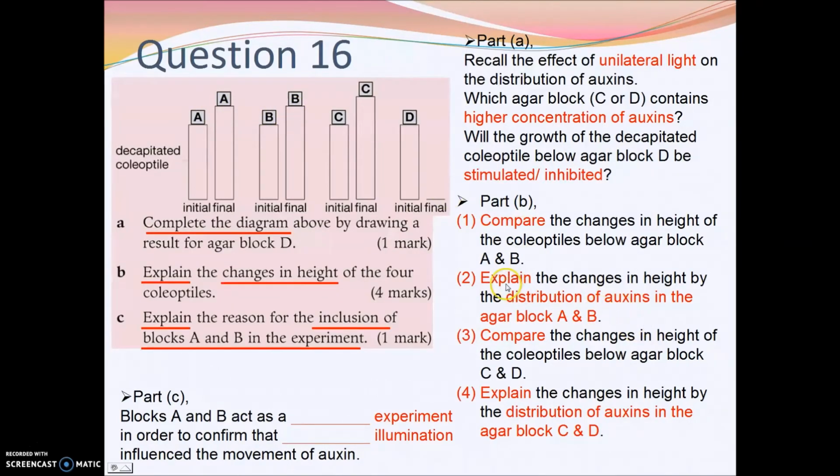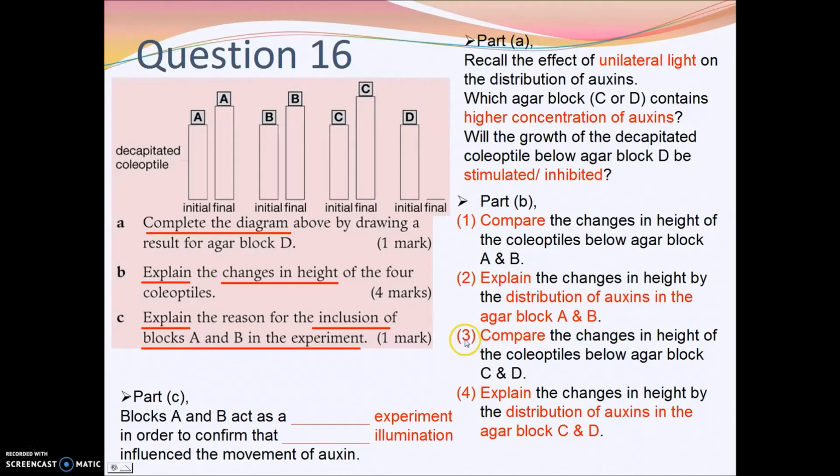You need to explain why the growth rate is the same according to the distribution of auxin. And of course the hint is that the distribution of the auxin is due to the illumination. For A and B, remember that it is the uniform illumination, right?